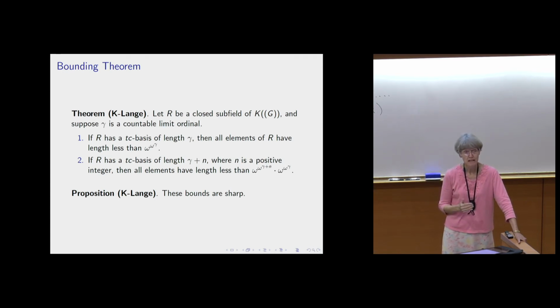So this is what we actually used. The theorem also says what would happen if we weren't at a limit ordinal. If R had a TC basis of length gamma plus n, where gamma is a limit and n is some positive integer, then all elements have length less than omega to the gamma plus n times omega to the gamma. And we have examples showing that these bounds are sharp.